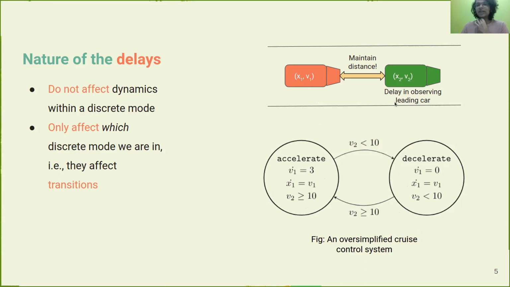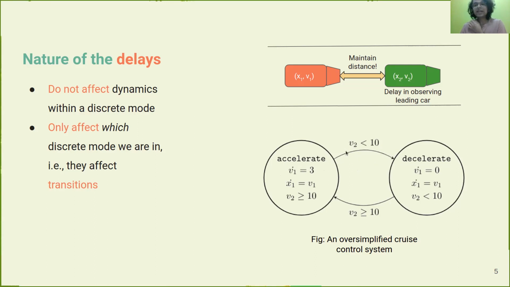Now suppose we introduce delays in observing the position and the velocity of the leading green car. This would mean that we cannot immediately jump from the accelerate location to the decelerate location when the velocity of the leading car dips below 10.